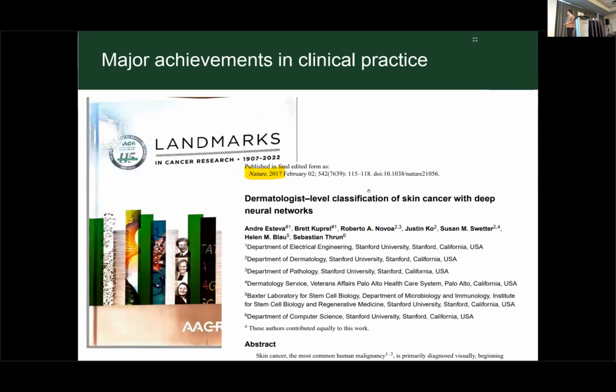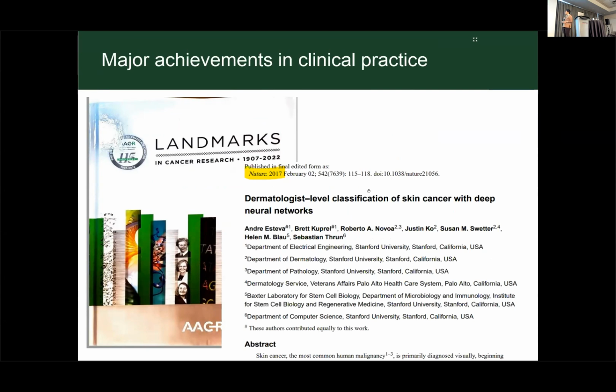So I started the research by looking at this book published by the American Association for Cancer Research. They had this landmark achievement in cancer research from 1907 to 2022, the latest edition covering the last 115 years.